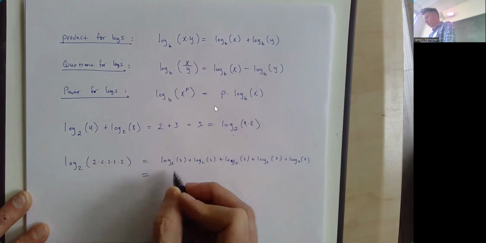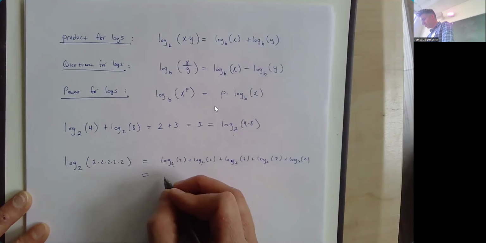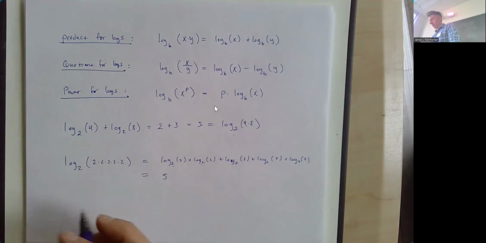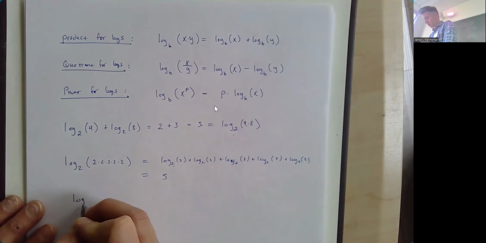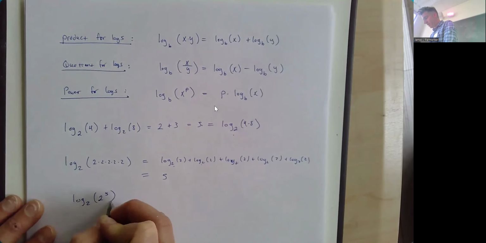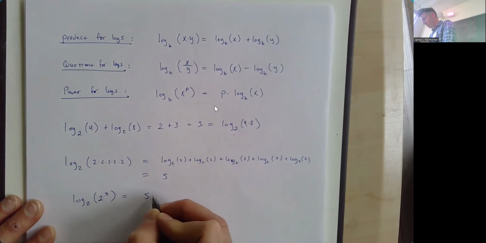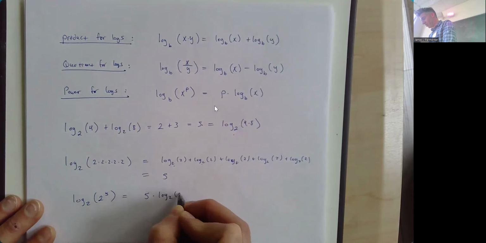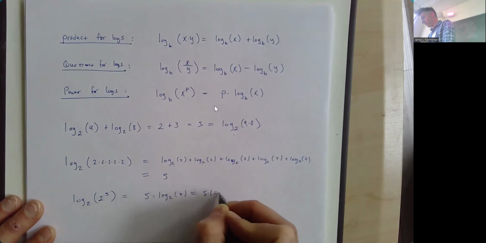And that's going to be 1 plus 1 plus 1 plus 1 plus 1. Or you could see that I really have the log base 2 of 2 to the 5th. And then that's going to be the same as 5 times the log base 2 of 2, which is 5 times 1, which is 5.